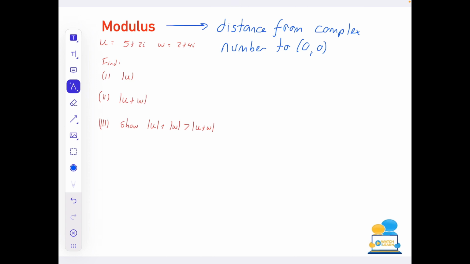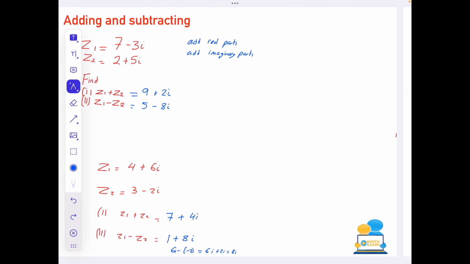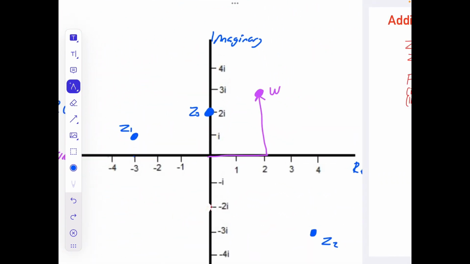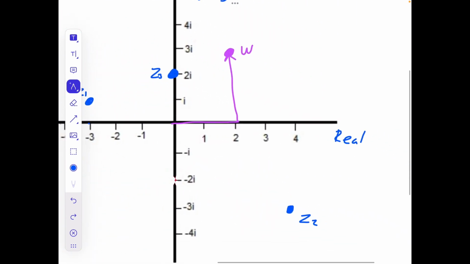I'm going to show you now, we're going to go back to our Argand diagram, or when we were plotting the points, just to see what I mean by that. I'm going to get rid of some of this now.